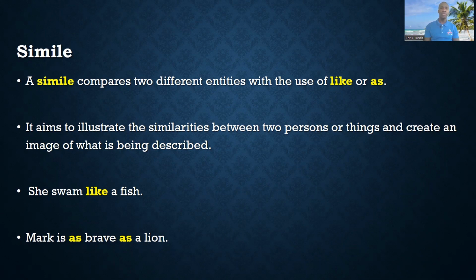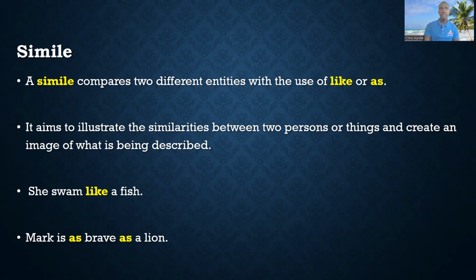Now, examples. She swam like a fish. So we identify the two entities: she, who is female, and a fish, the second entity. And we are comparing them on how they swam. When we say she swam like a fish, we are trying to paint a picture of how she swam.